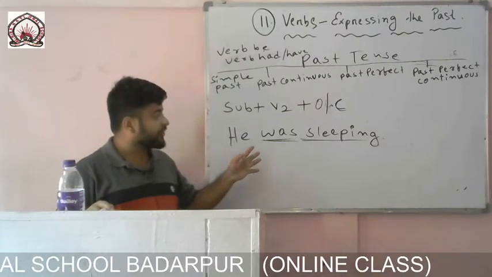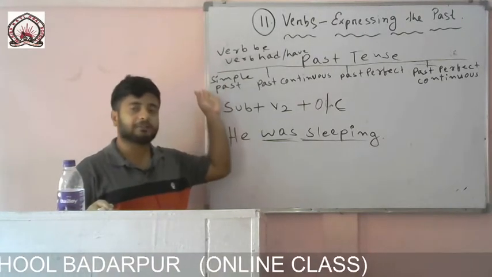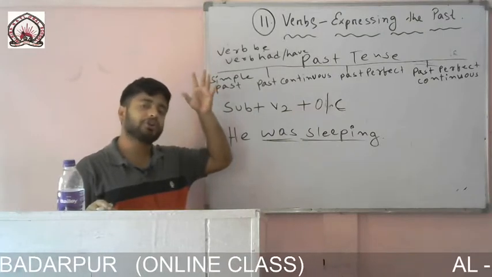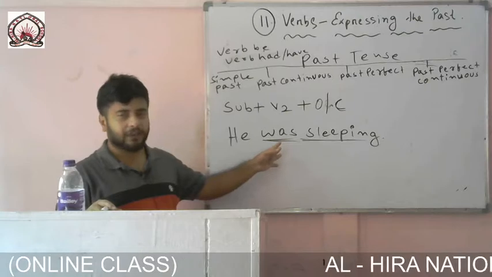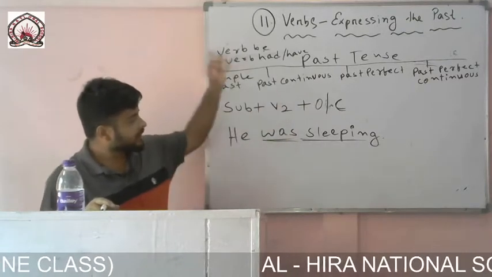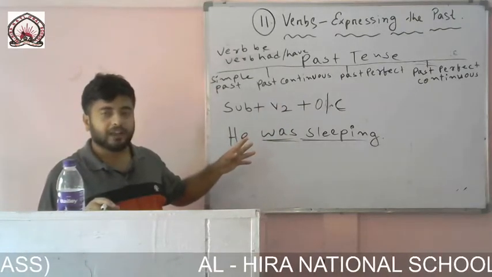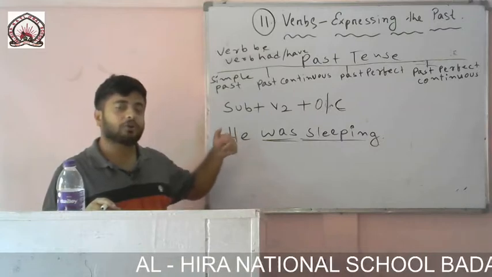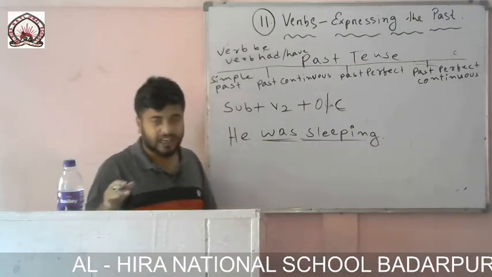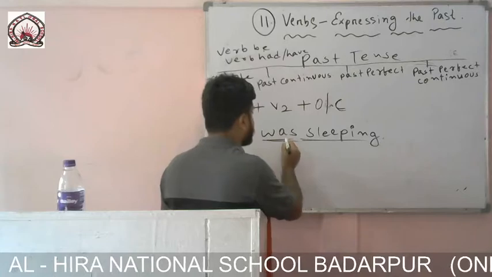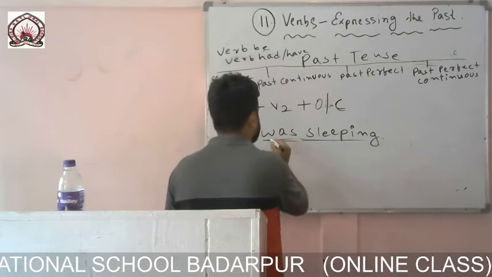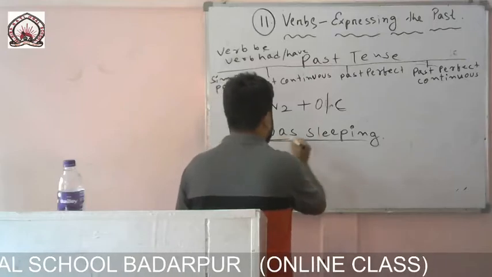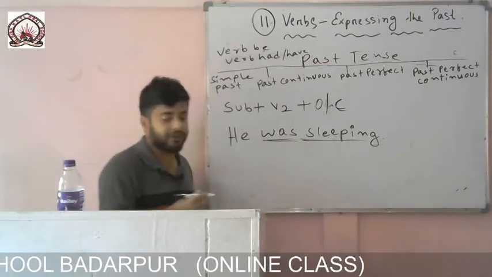To indicate that the action took place in past time or continued in past time. So here to form tenses, I have used the auxiliary verb was, or verb be.